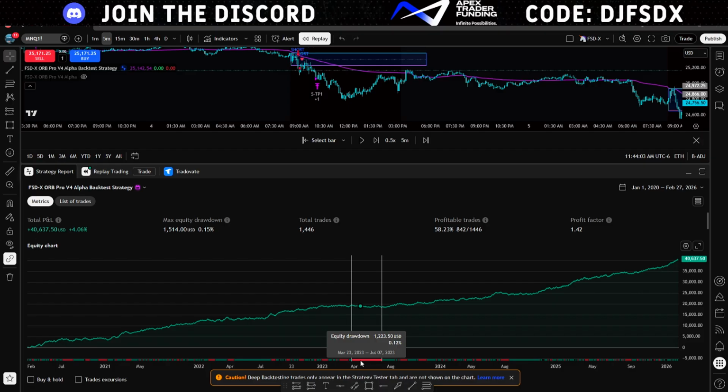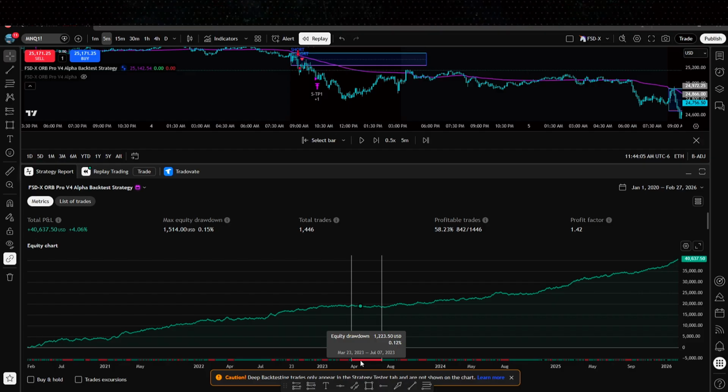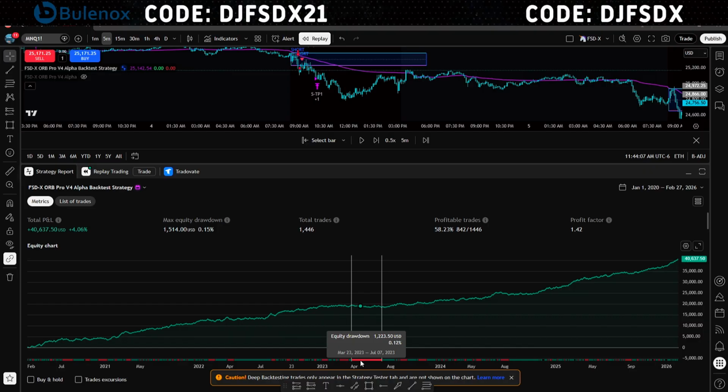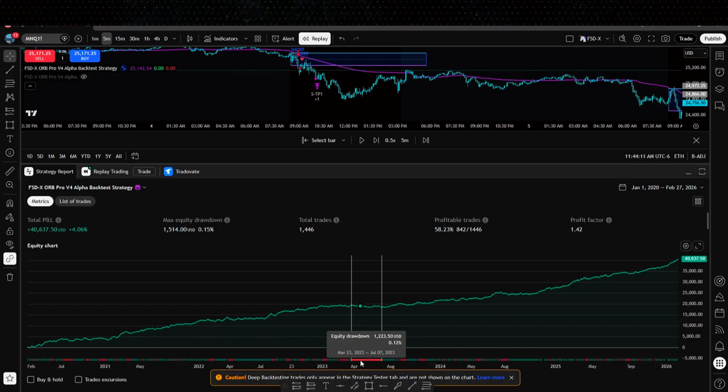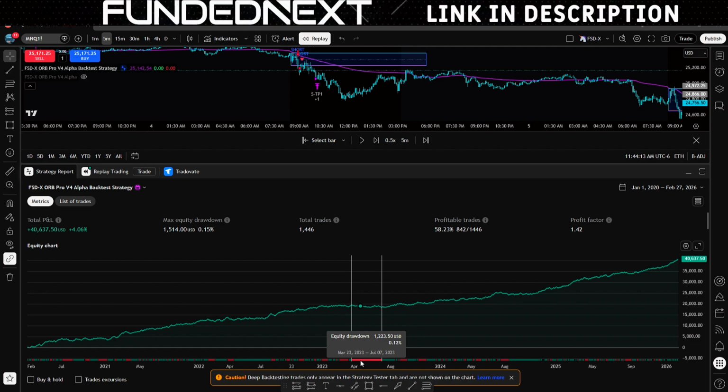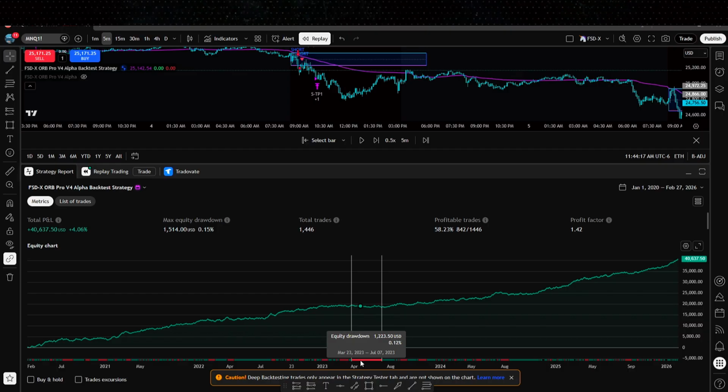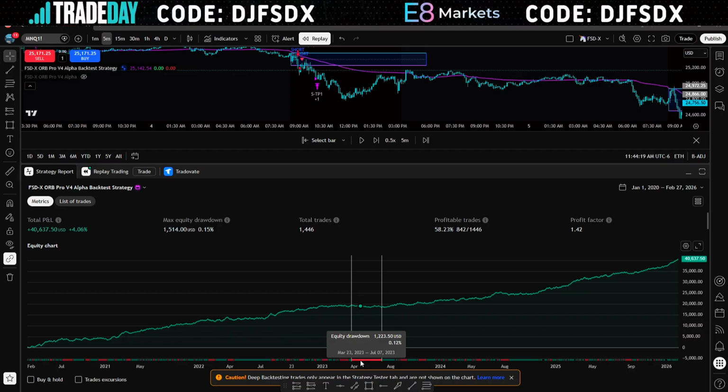But the biggest reason why the drawdown is so low is the grading system. I did it straight out, just taking one contract, no matter what. It did okay.